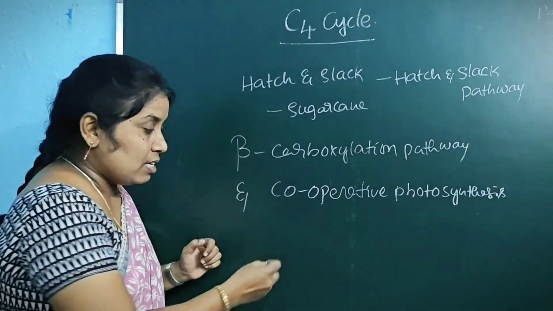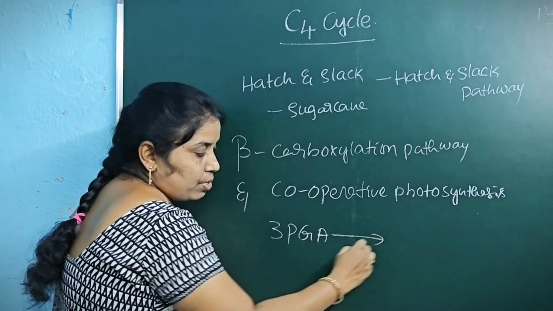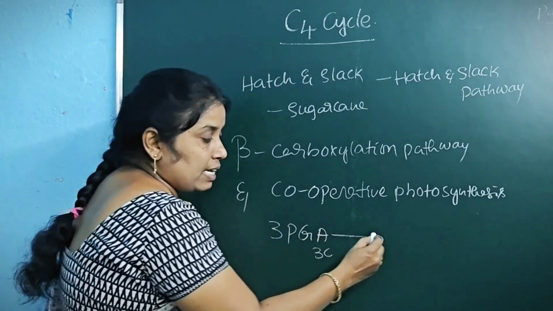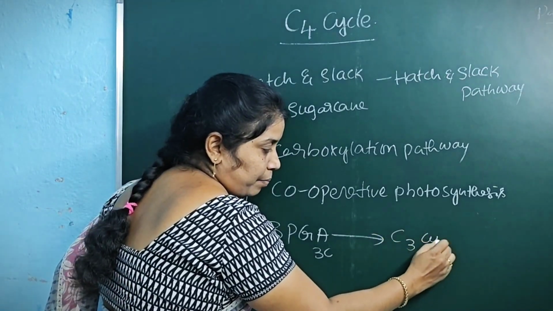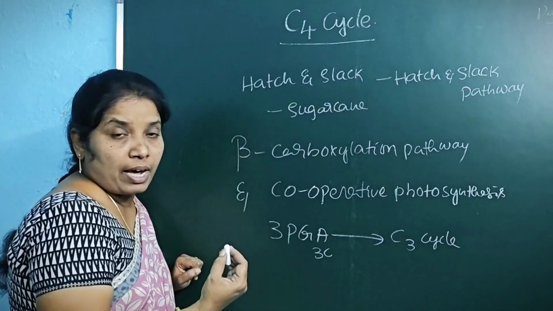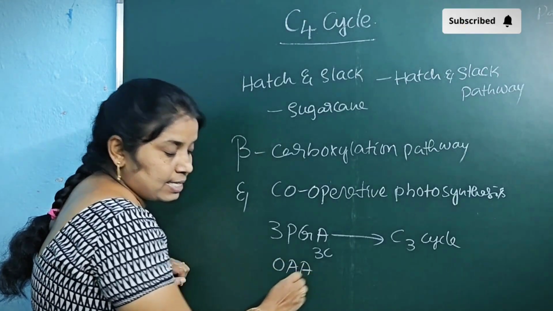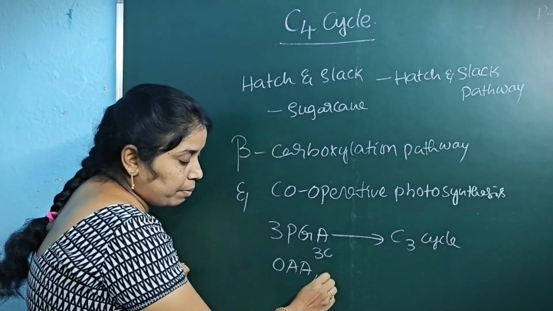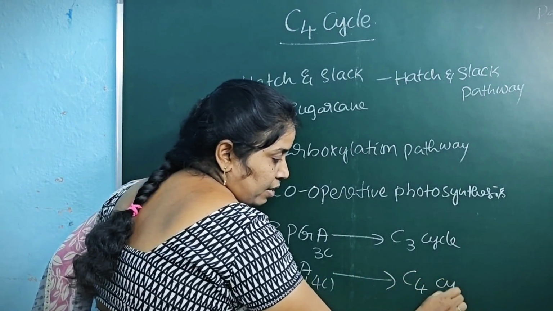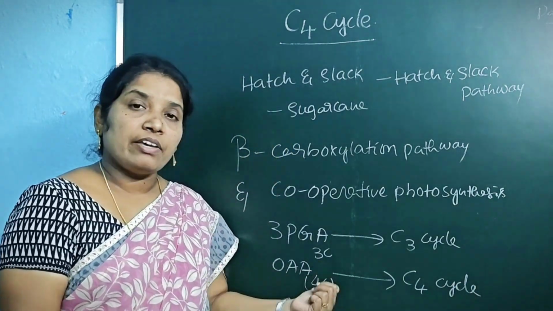In C3 plants, 3-PGA is the first stable compound, which is a 3-carbon compound. That's why that cycle is called the C3 cycle. Whereas in C4 plants, the first stable compound is oxaloacetic acid, which is a 4-carbon compound. That's why the cycle is called the C4 cycle.